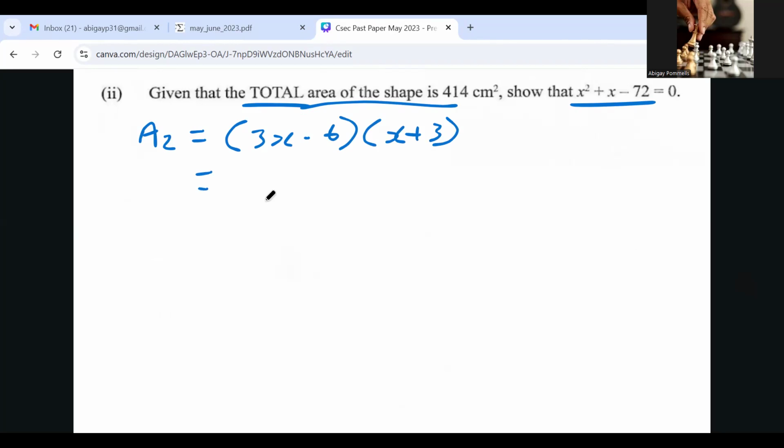All right, so let's just calculate it. 3x times x, 3x squared, plus 6x, minus 6 times x, 6x, plus 12, not 12, 18, it's not plus, it's a negative.